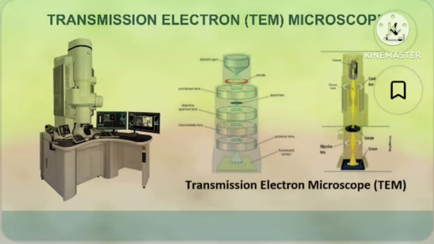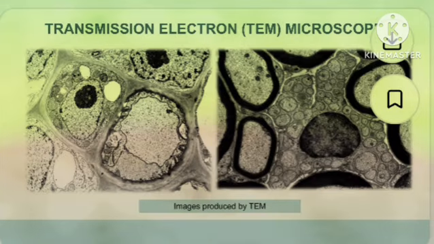It provides topographical, morphological, compositional and crystalline information. So many uses are there, I told you a few points. You see the slides and read, and write so many uses.